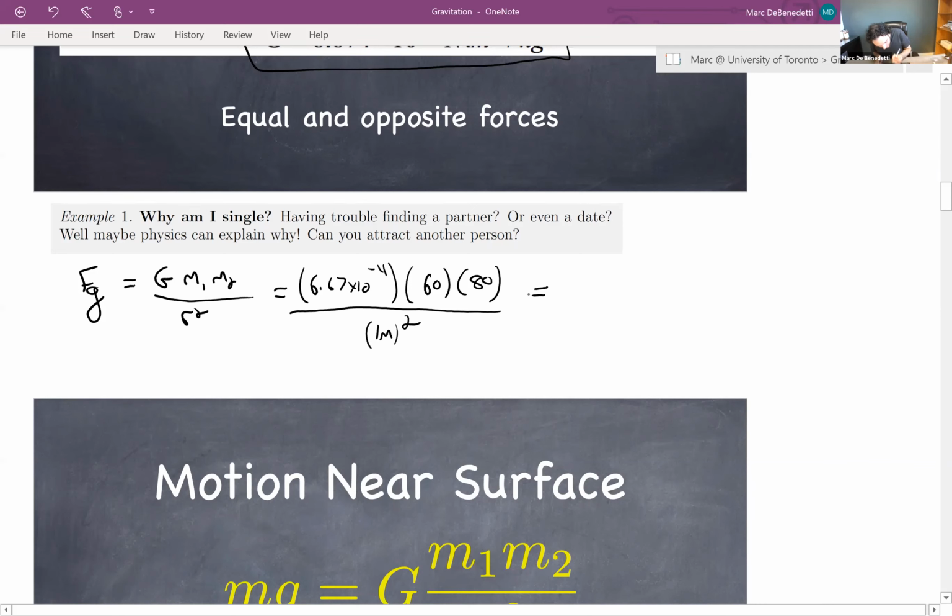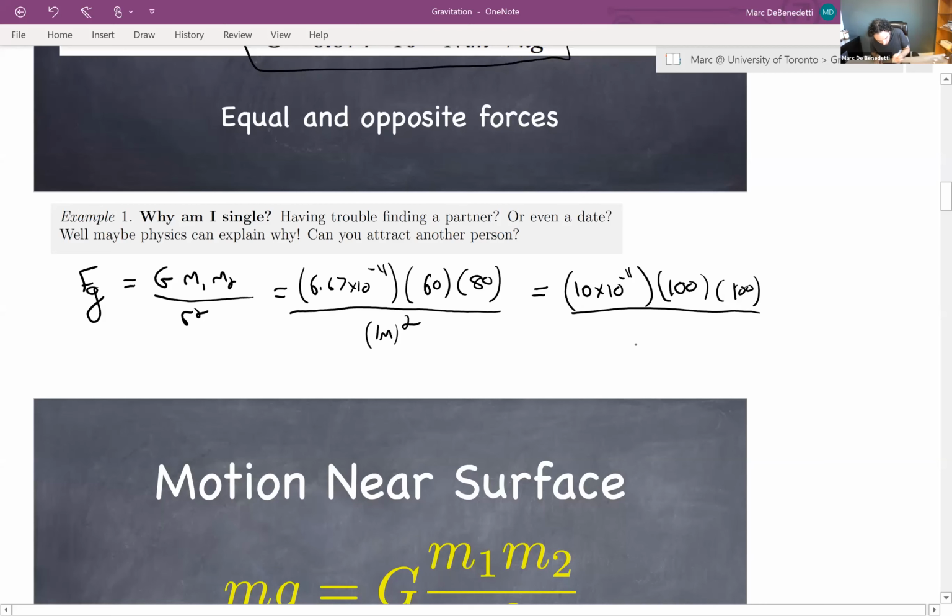Okay, order of magnitude estimation here. We don't need calculators. Let's round 6.67 times 10 to the minus 11 to 10 times 10 to the minus 11. This is going to be a big round, but that's okay. Let's round 60 to 100 and 80 to 100, because why not?